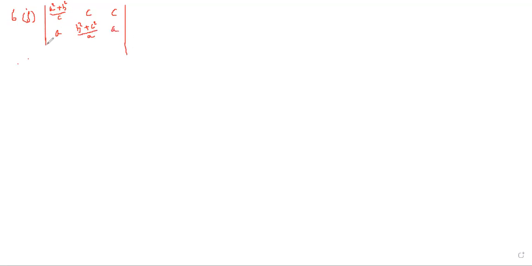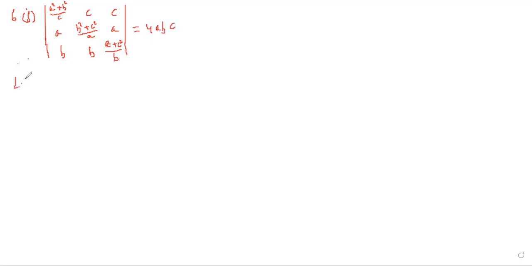And third row b, b, and a square plus c square over b, equals 4abc. We have to prove this.